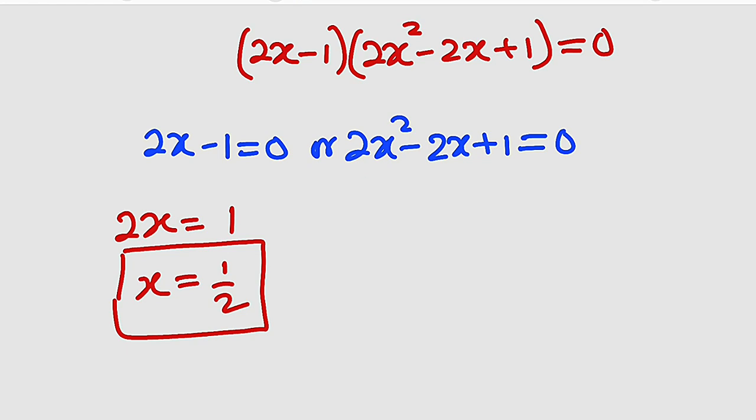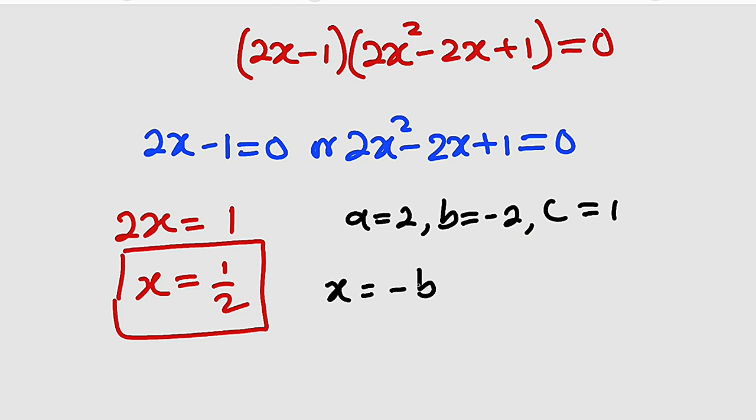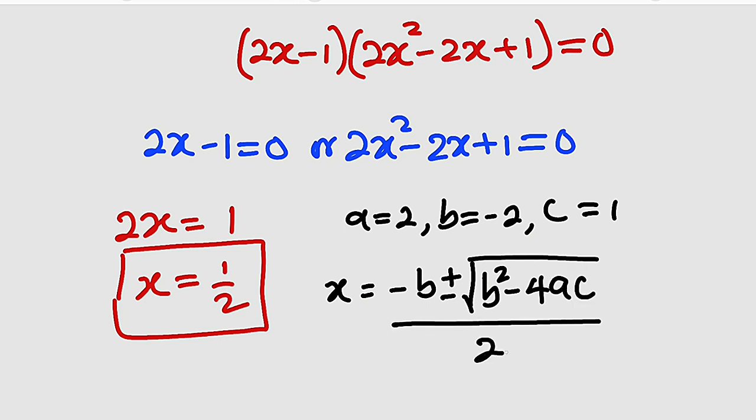But what about this one? We are going to apply the general formula because it cannot be factorized. Our a is equal to 2, the leading coefficient. b is equal to negative 2, and c equal to 1. Therefore, x will be equal to minus b plus or minus the square root of b squared minus 4ac, divided by 2a.